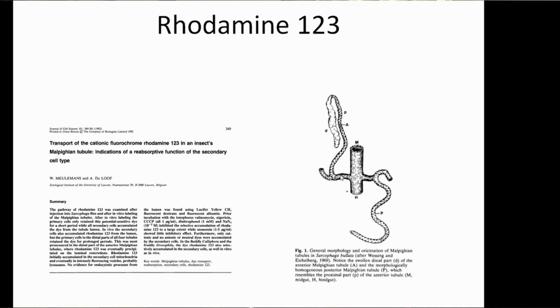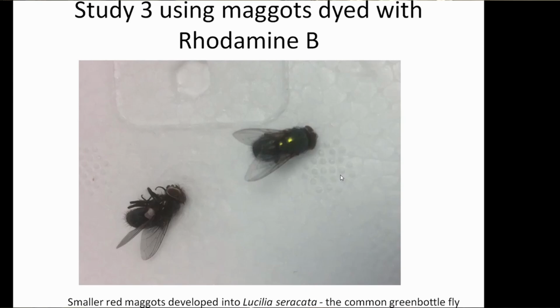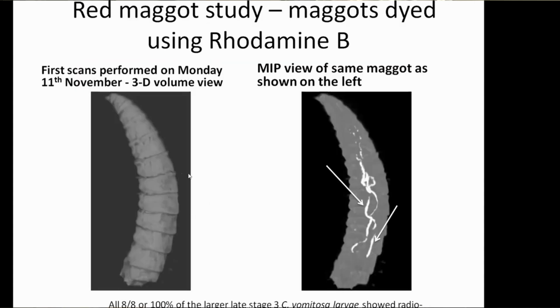So we were interested in the emerging flies, but also at an earlier stage as to whether this dye was making any difference. So here we are at the larval stage, showing the Malpighian tubules full of calcium.